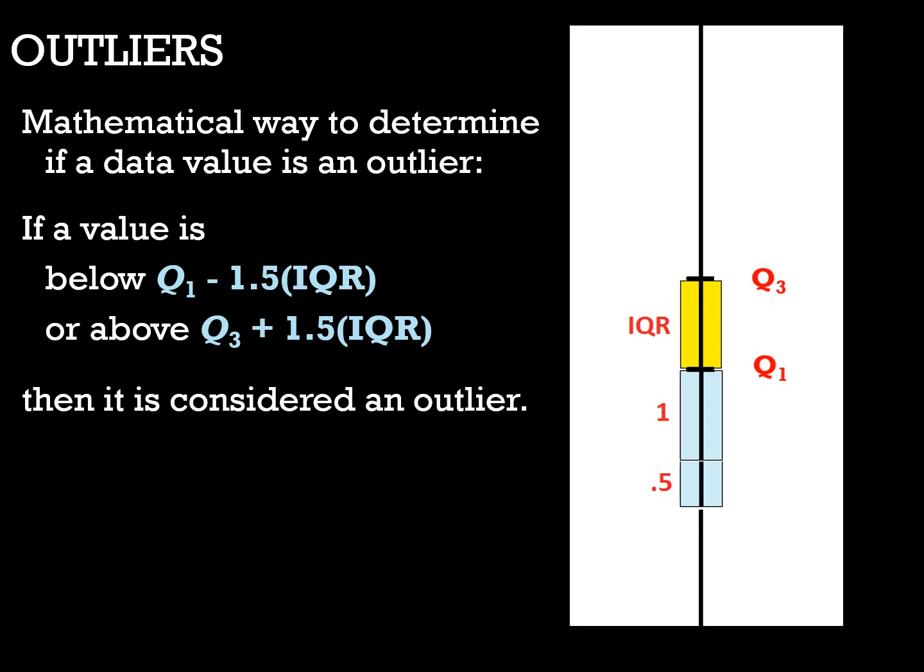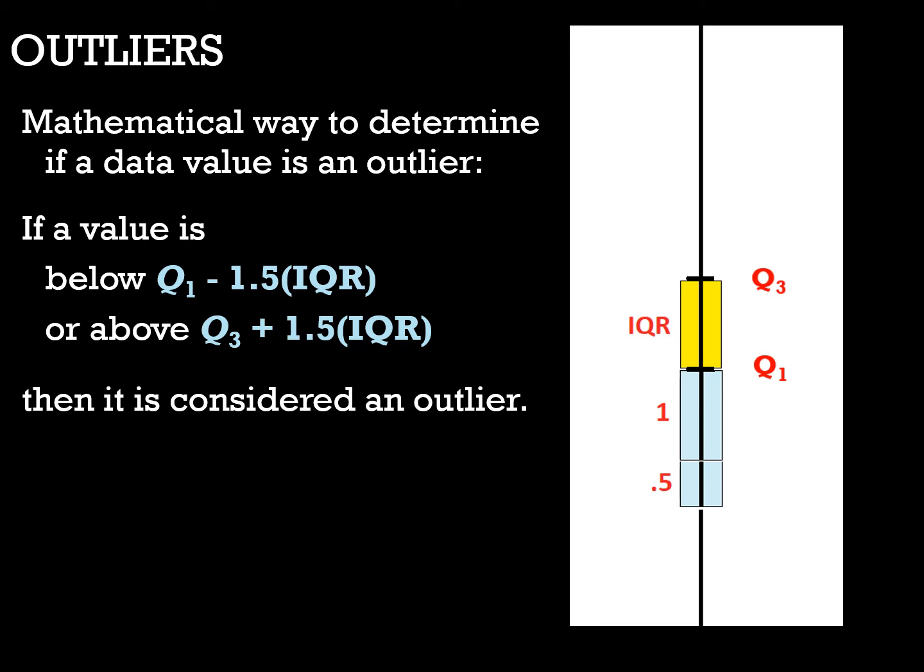So we come up with a box that's that size plus another extra half. One full IQR is the box the same size as IQR, and then the 0.5 is a little box that's 1/2 the size of IQR, and we take that and put that below Q1.